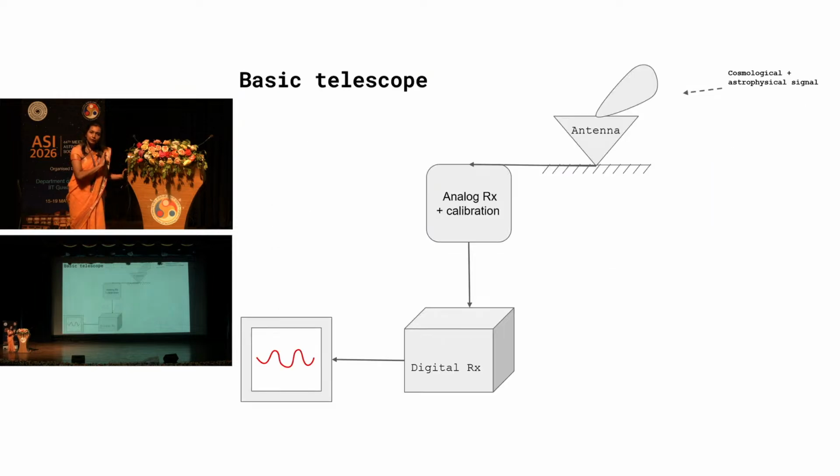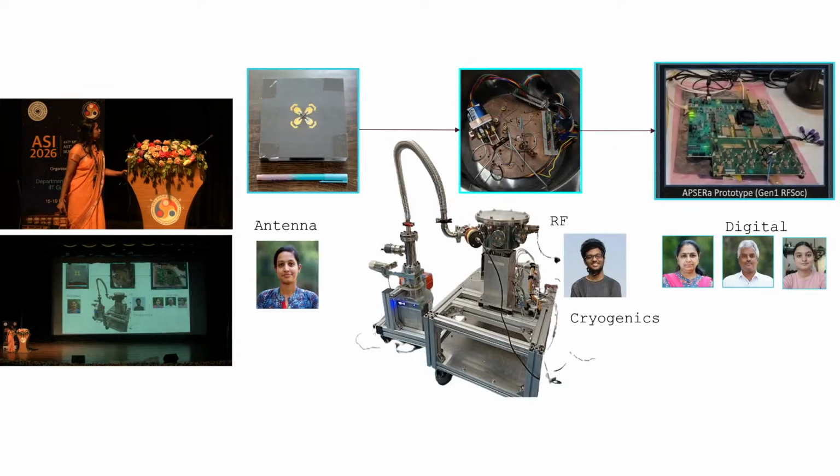An element would look very simple. It will have an antenna with some electronics, connected to a digital receiver, and then that is connected again to your computer and you analyze the data. So this is what it looks like today in parts in our lab. On the left is the antenna. I'll talk about each of these quickly in the coming few slides.